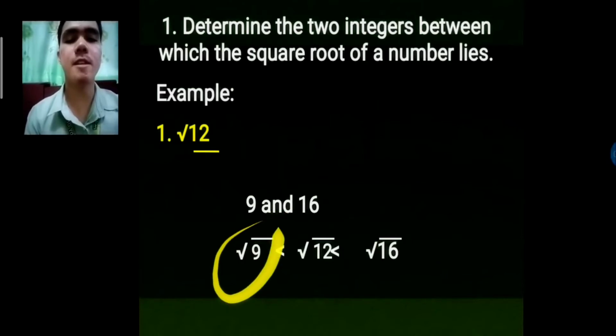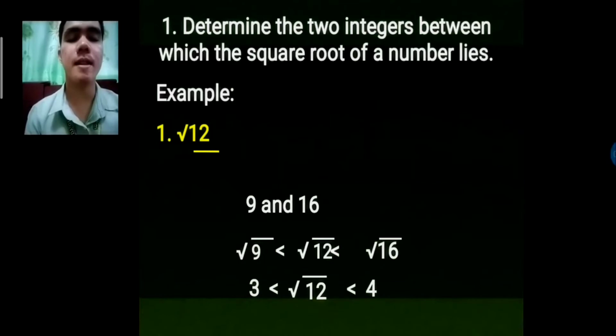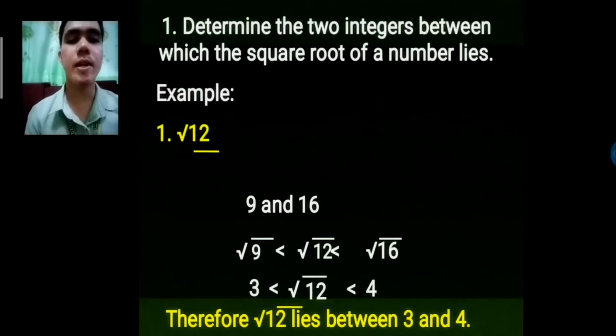Now find the square root of 9 and 16 because they are perfect square numbers. That is 3 and 4. So we can say that square root of 12 lies between 3 and 4.